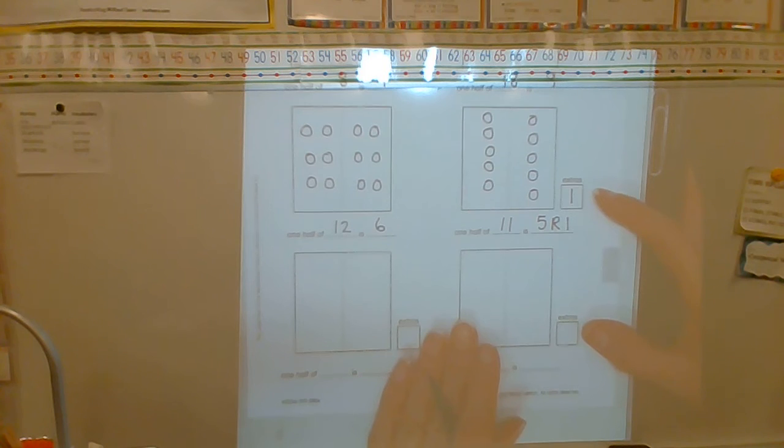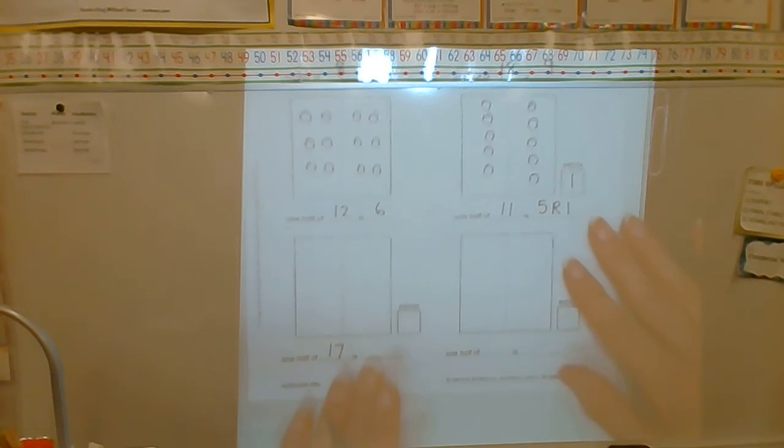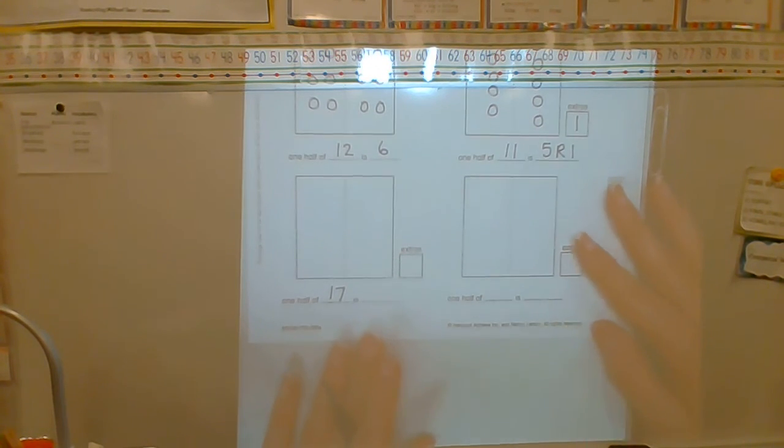All right, let's go and think about another odd number. Ooh, what about the big one? 17. If I'm practicing my strategy, I'm trying to think of a doubles problem. But I'm trying to think, when I'm regular counting, what comes before 17?